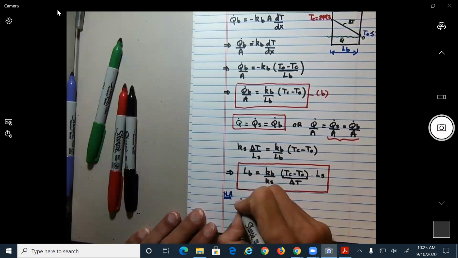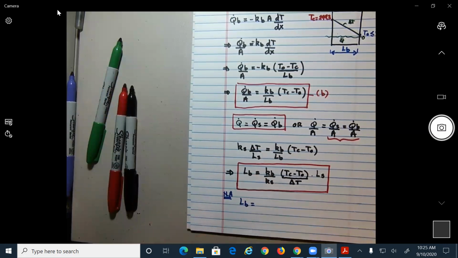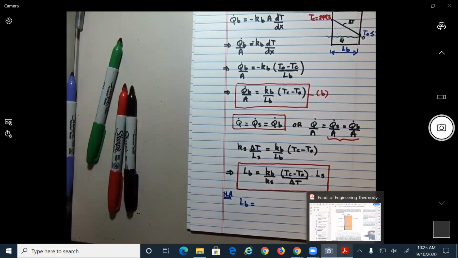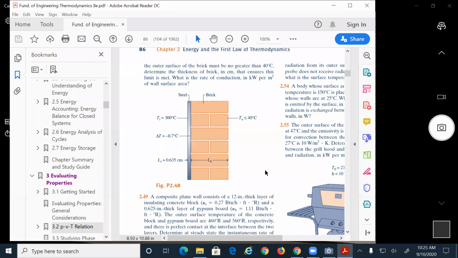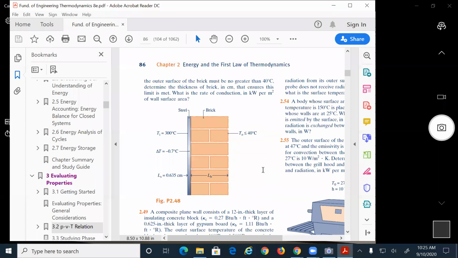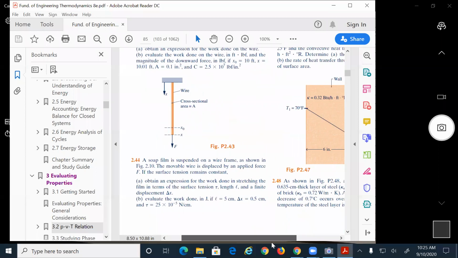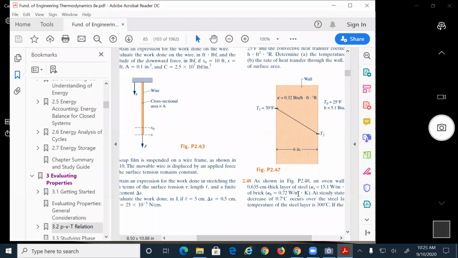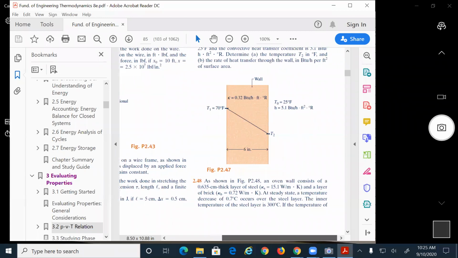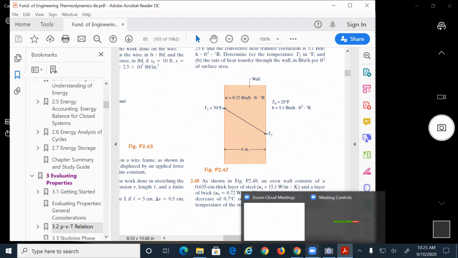So L sub B should be equal to what? Let's look at the values that we had on the problem. K sub B, that was on the other page. K sub B is equal to 0.72. It will be 0.72 divided by K steel, which is 15.1.